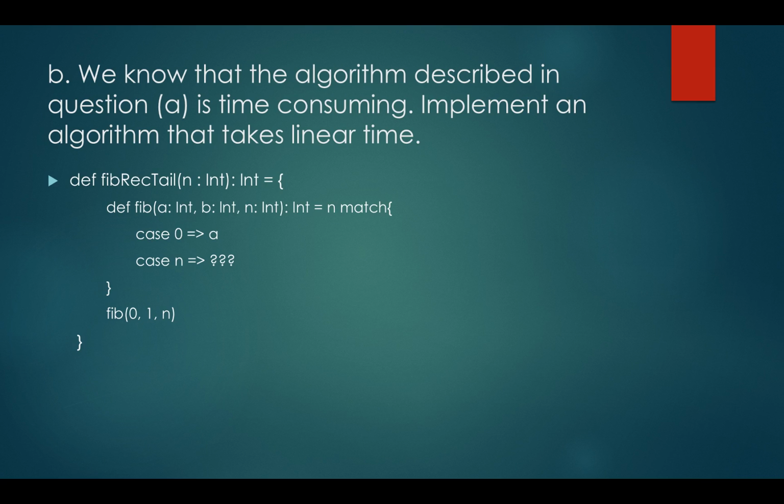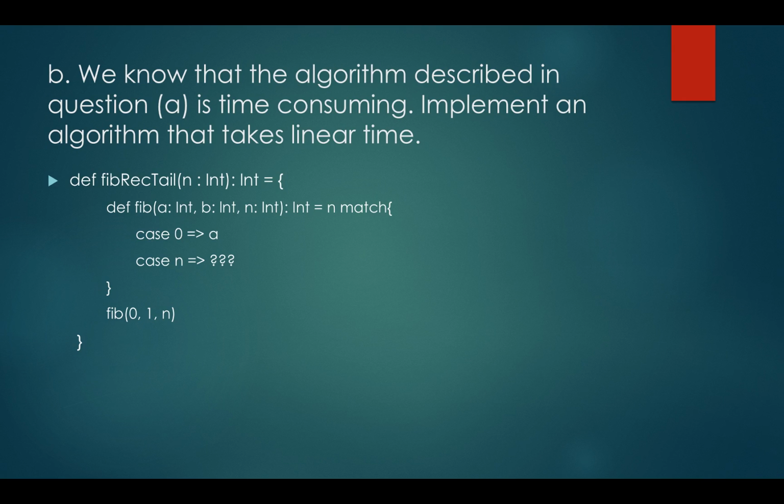In the function FibRec tail, we write a helper function called fib, which takes 3 arguments: n, a, and b. a and b are two accumulators which store the previous results. For the base case, we should return a here. Actually, we could return b, but this would result in a different implementation for the general case.